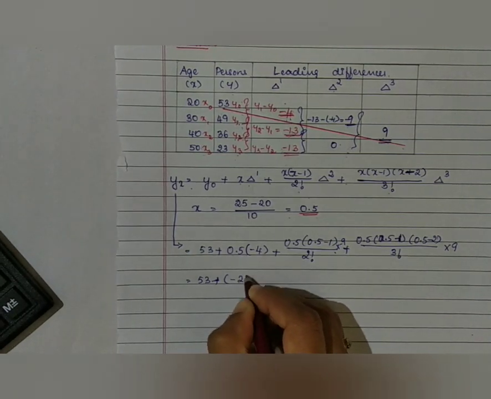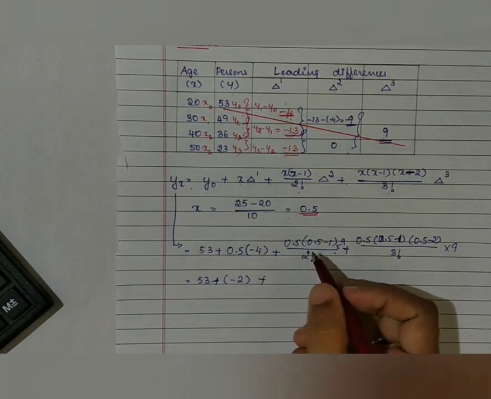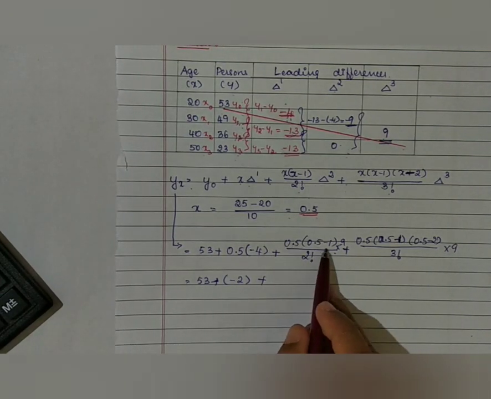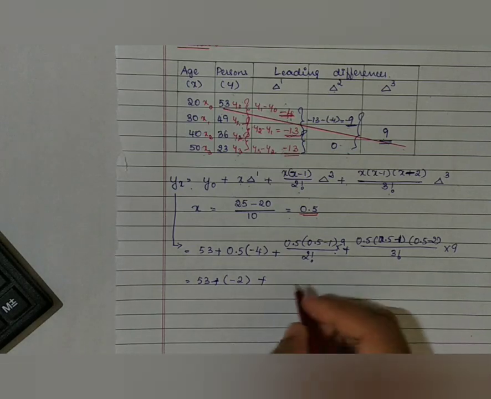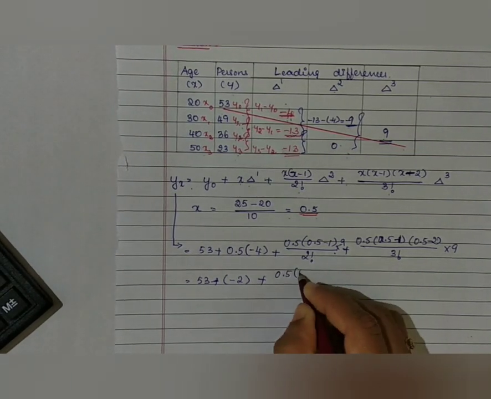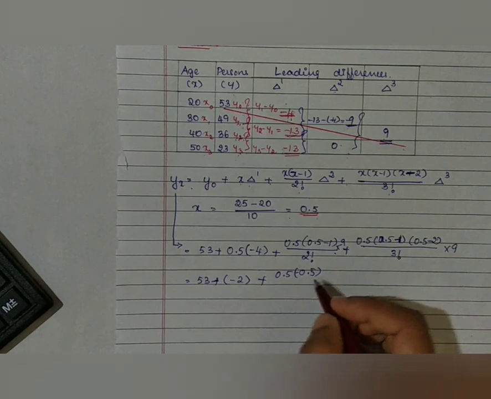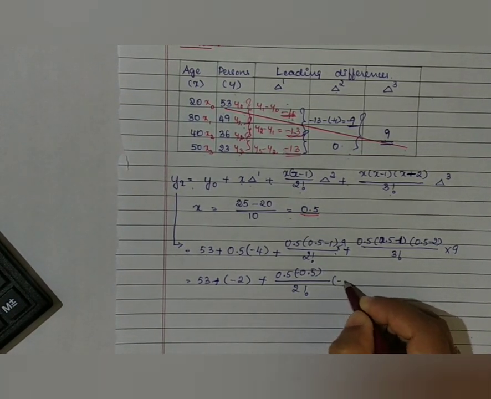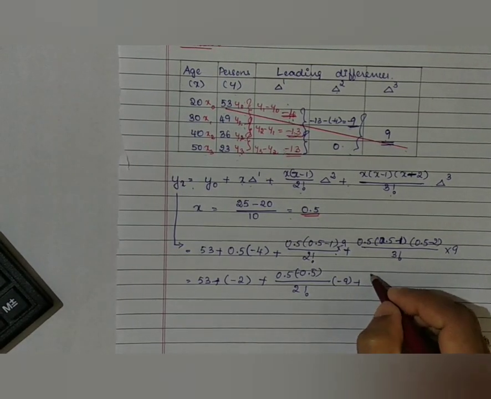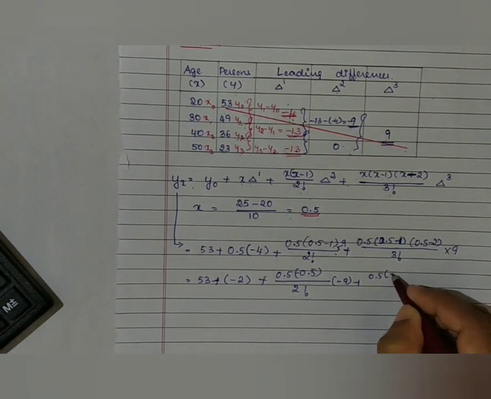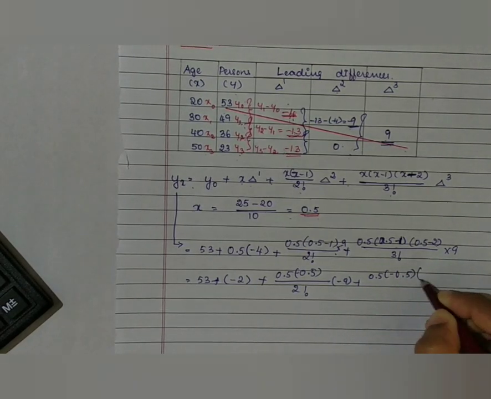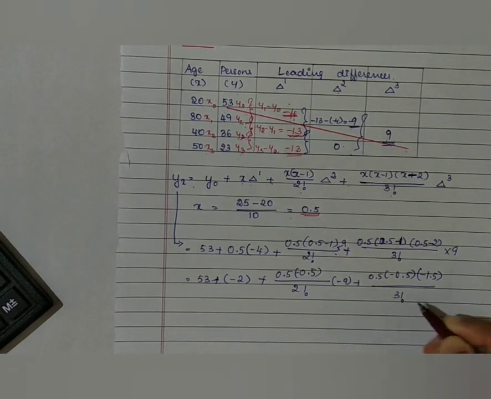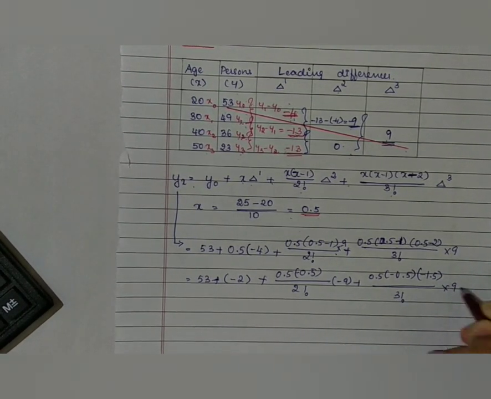Let's write minus 2, plus 0.5 into 0.5 minus 1, which is 0.5 into minus 0.5, divided by 2 factorial into minus 9, plus, as it is 0.5, again it is minus 0.5 into minus 1.5 divided by 3 factorial into 9.